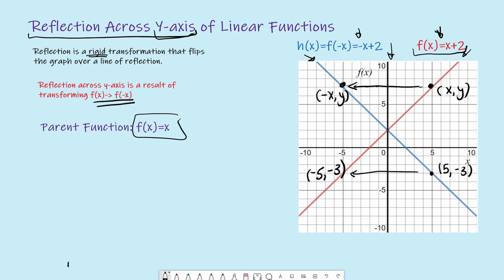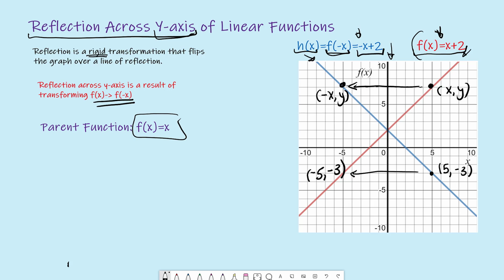We do that by saying, oh, we have this new blue function, h of x, which is the same as f of minus x, right? This was our f of x in red. So we're taking the same f, but we're putting instead of x, minus x. So we get minus x plus 2.